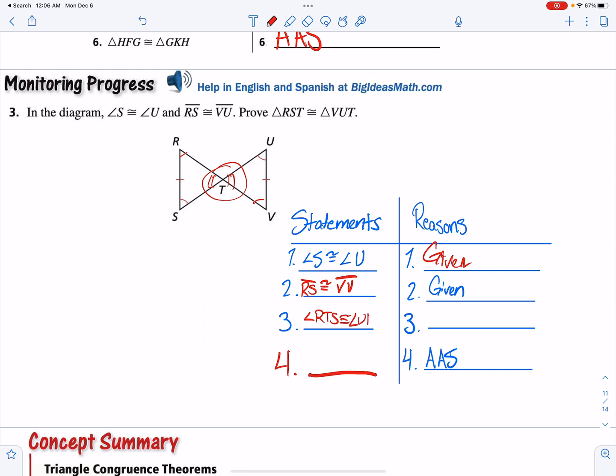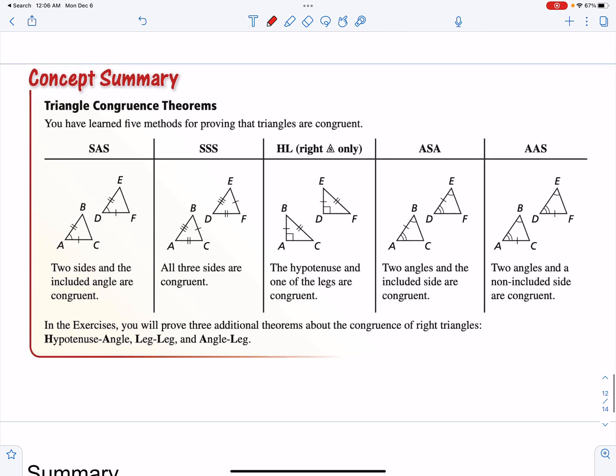We'll go UTV to keep corresponding parts matched up, and that's by vertical angles, which we've used on literally almost every proof. So now I can say triangle RST is congruent to triangle VUT, and that's by angle, side. So again, a summary is right here.